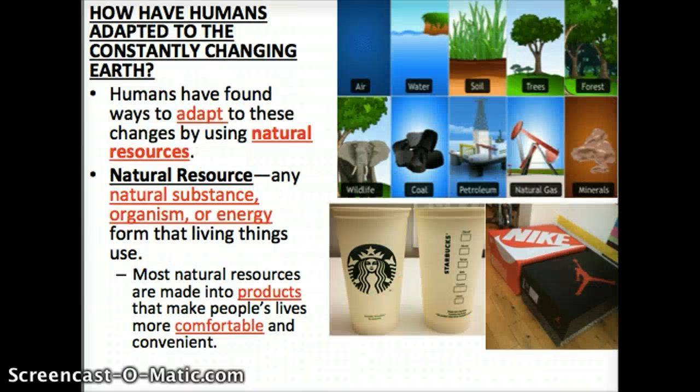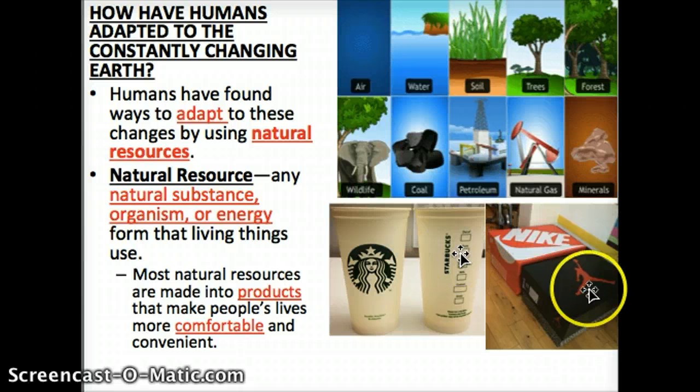Now let's talk about how humans have adapted to the constant changes in the Earth. So we have learned to adapt to these changes by using what we call natural resources. Here are some pictures of natural resources. Basically, it's any natural substance, organism, or energy form that living things can use.